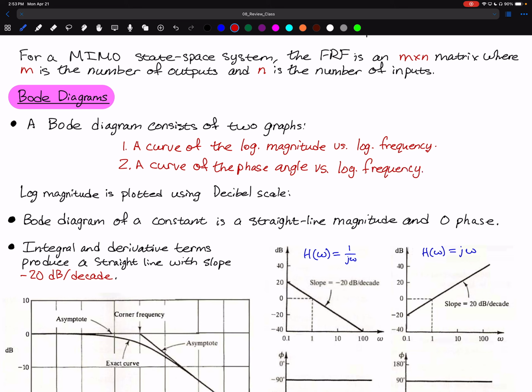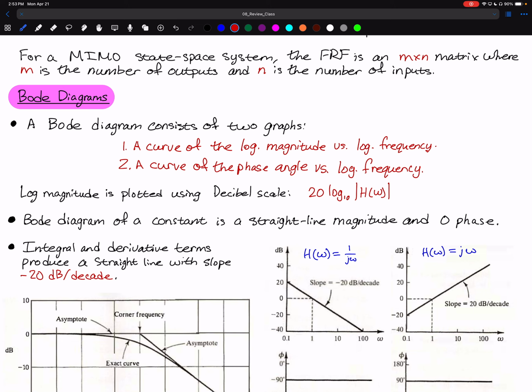All right, the log magnitude is plotted using the decibel scale. This is 20 times the log base 10 of the absolute value of our frequency response function. And then the Bode diagram of a constant is just a straight line magnitude, and it has zero phase.